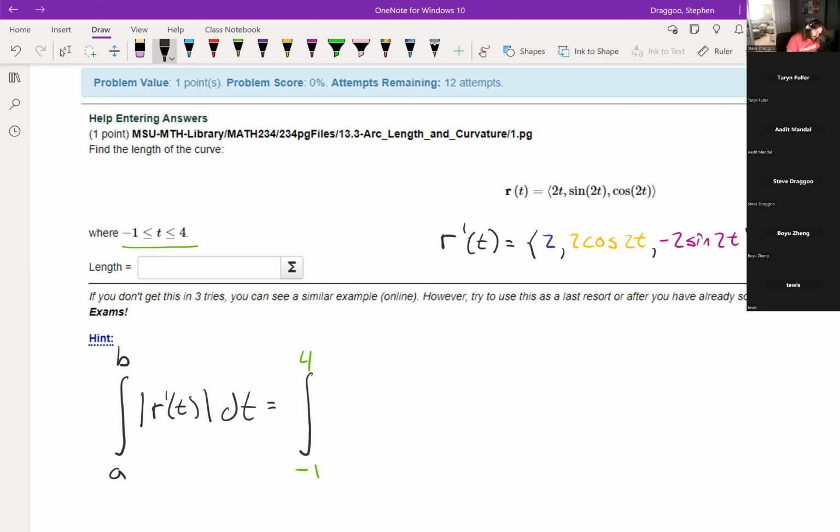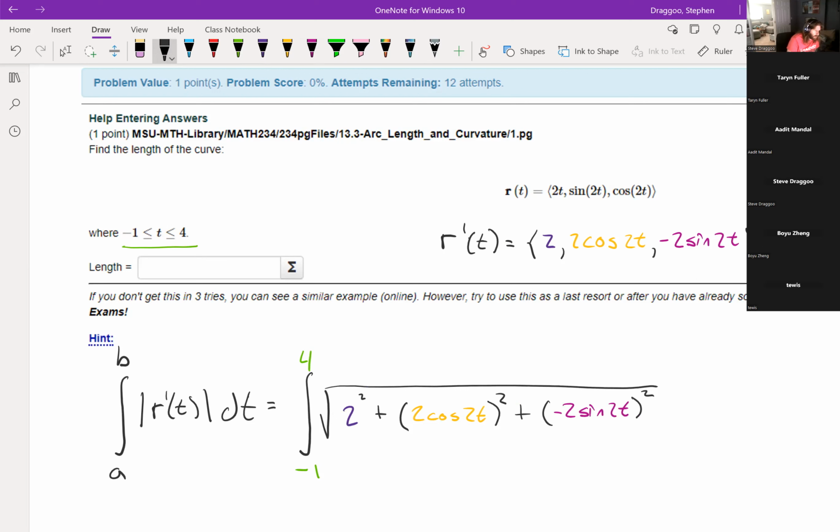And I need a magnitude of that derivative vector, which means I'm going to be looking at the square root of the sum of each individual piece squared. So I'll have 2 squared plus 2 cosine of 2t squared plus -2 sine of 2t squared.